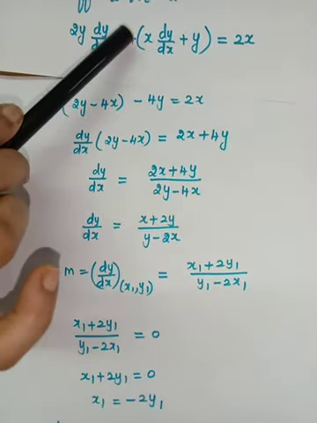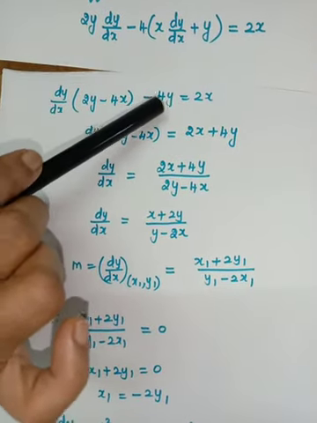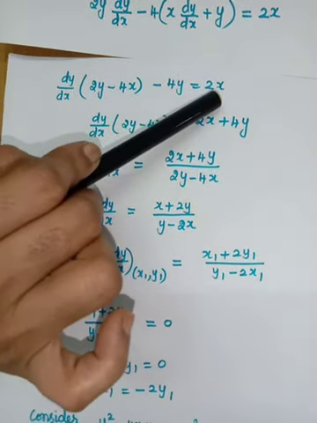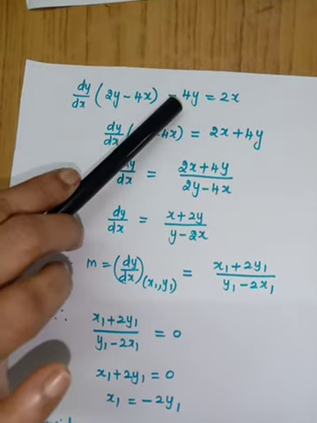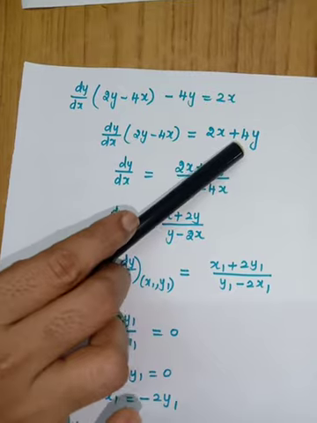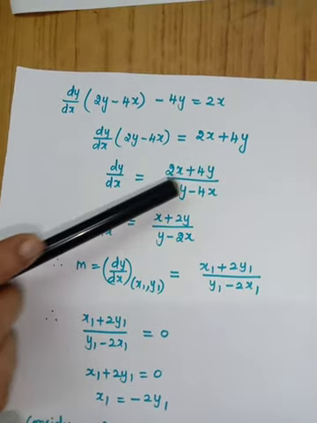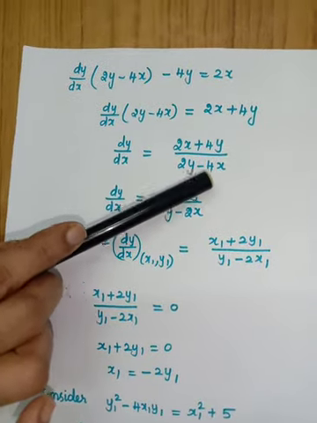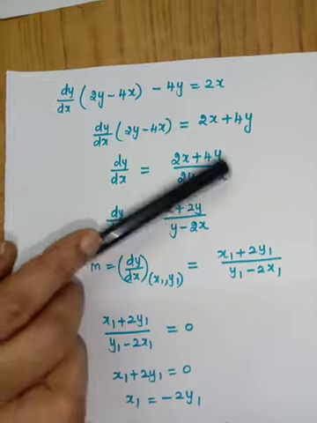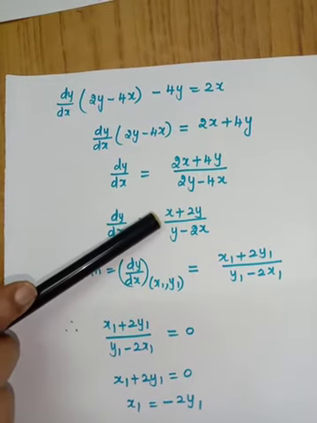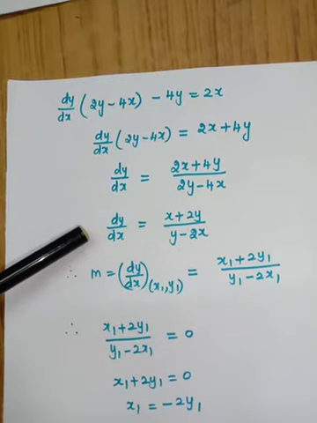Okay, so next if you multiply minus 4 into plus y is minus 4y, which is equal to 2y. So dy by dx into 2y minus 4x is this minus 4y. When you take it to the next side, it is plus 4y. So you will get dy by dx is equal to 2x plus 4y divided by 2y minus 4x. From these terms, the 2 is common. So if you cancel, your answer is x plus 2y divided by y minus 2x. So it is the derivative.